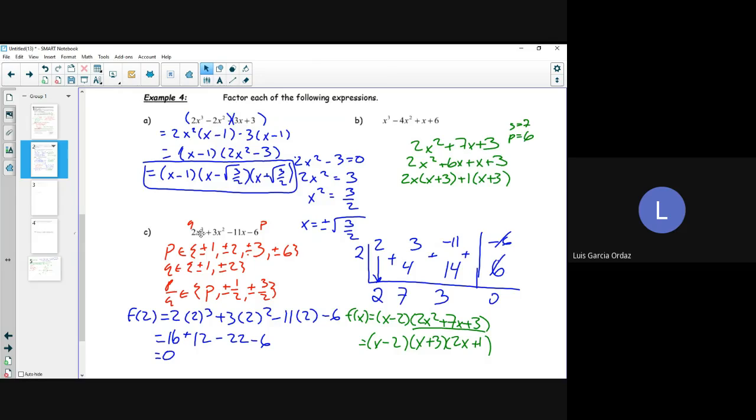You guys have any questions so far about factor and remainder theorem?